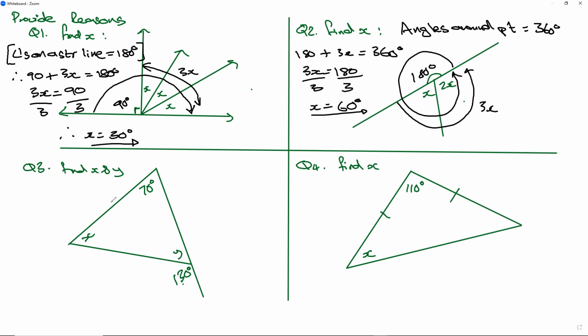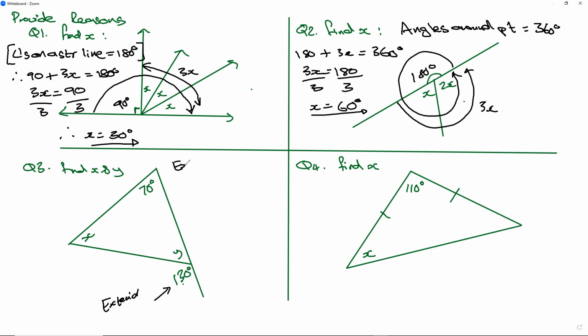In this question here, we're not told about the sides and if they're equal or anything. We're only given 70 degrees, which is inside the triangle. We do not know what x is, we do not know what y is. We want to find that. And we're given this outside angle, in other words, exterior angle.